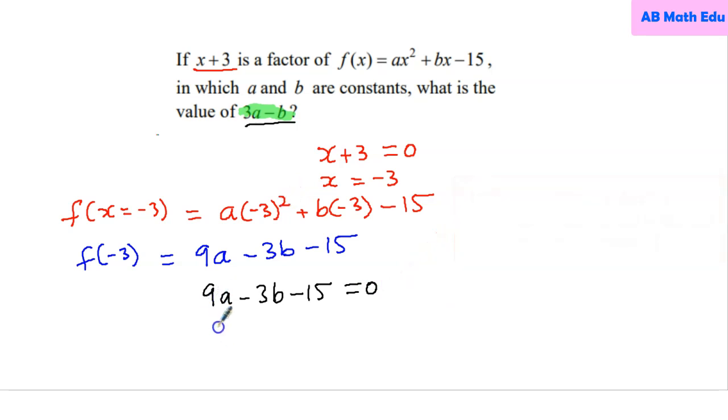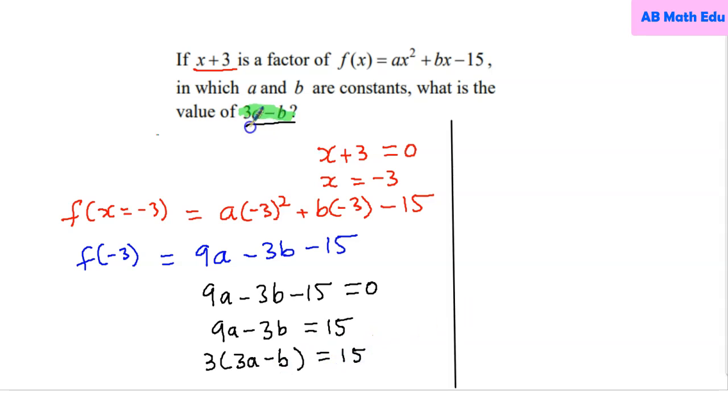So if that is the case, let's take the 15 to the other side. And we see that 3 is common. So if you take 3 out, 3 times 3a will give you 9a back, and here minus b equals 15. So you want to isolate the 3a minus b.